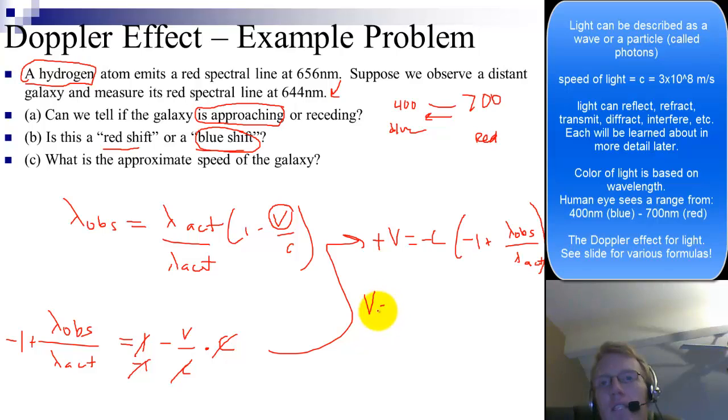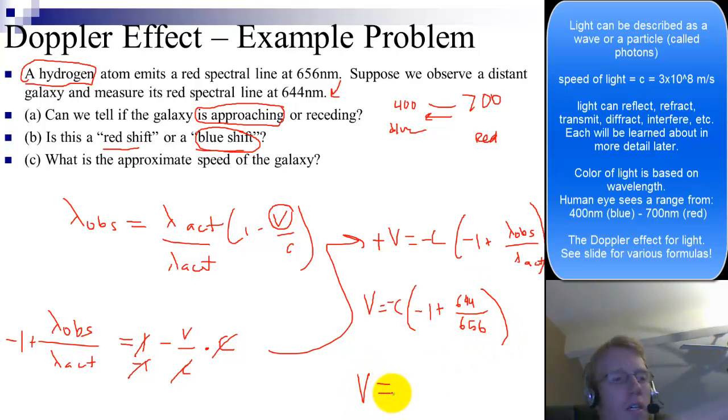So the velocity equals negative c times negative 1 plus, and then lambda observed is only 644, whereas lambda actual should be 656. And so my velocity, I can type this in my calculator, and typically you'll leave your answer in terms of c, so you can leave the c as a c.